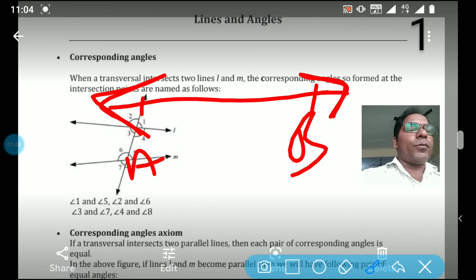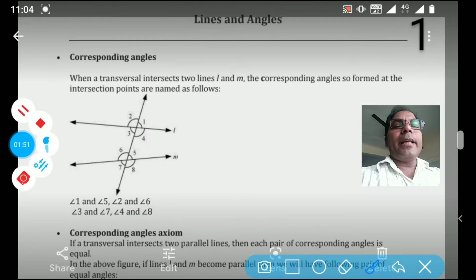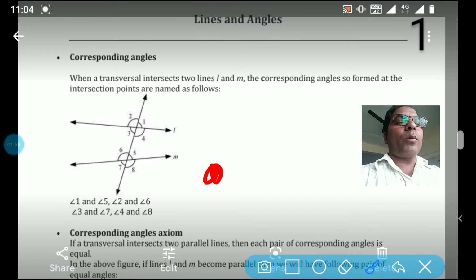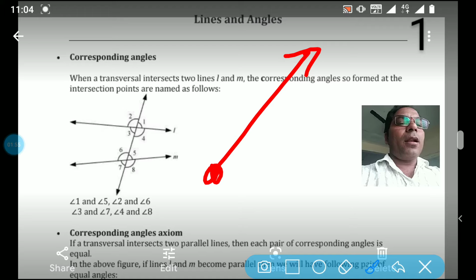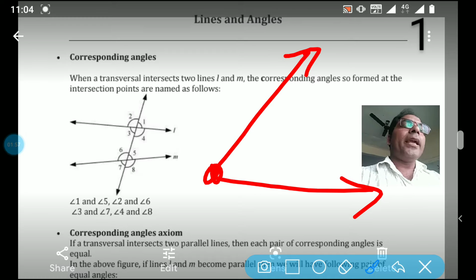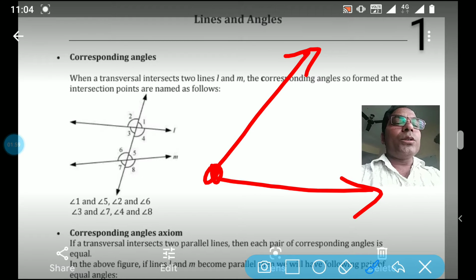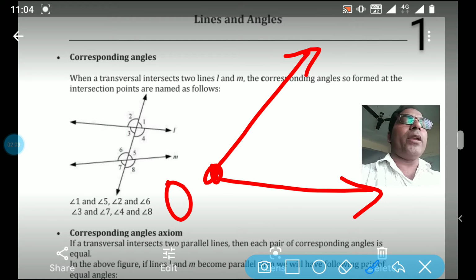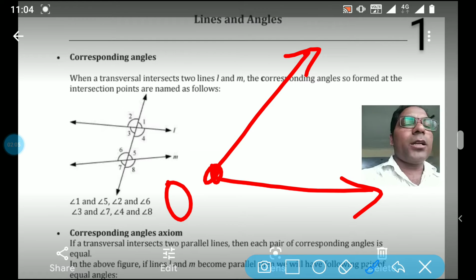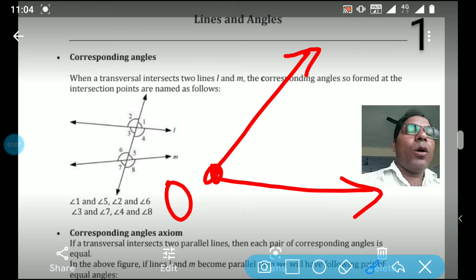And the next one: when two lines join at one point, from this one point two lines originate in different directions. Both these lines have the same vertex, that is O. We can give the name OP, whatever you want, you can give the name of this origin point.